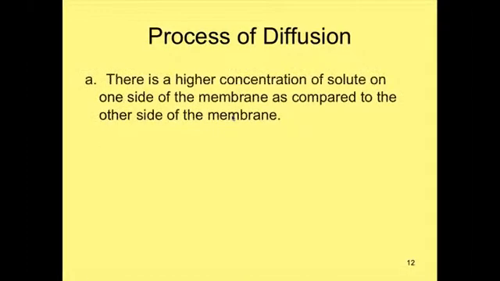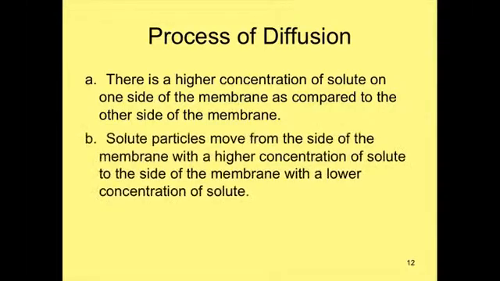So let's sum this up. In diffusion, there is a high concentration of solute on one side of the membrane as compared to the other side. Solute particles move from the side of the membrane with a high concentration of solute to the side of the membrane with a low concentration of solute.